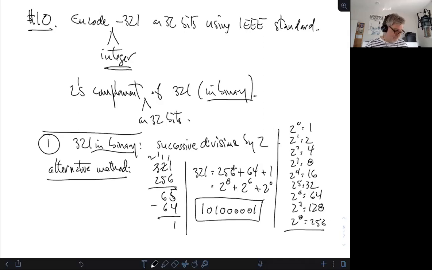Okay. Now, that's the first part. You could do it by successive divisions by 2 again, but here it was a little faster to do it this way. So now I need to find the 2's complement of this, but on 32 bits.